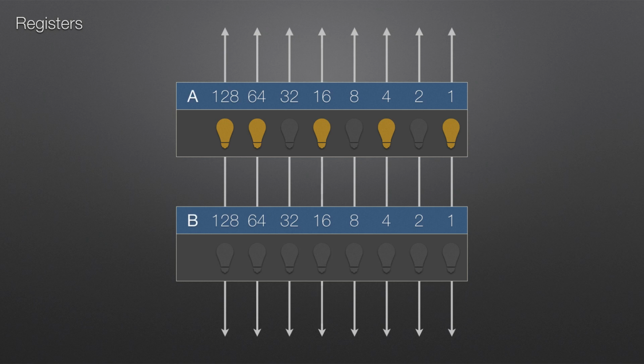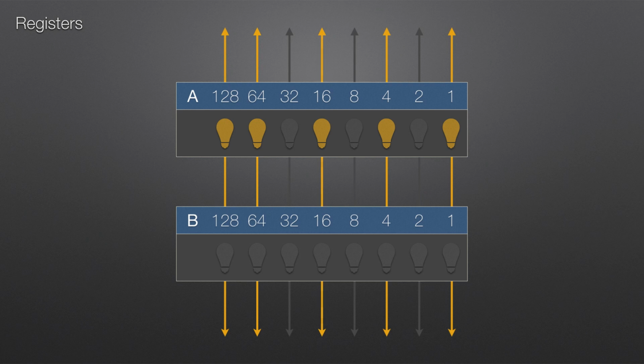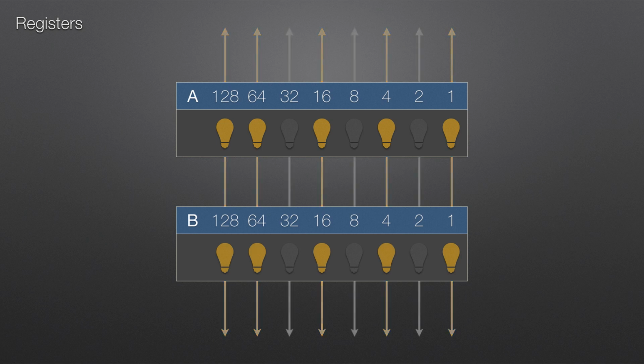This then means if we had two registers A and B, we could select the value that's in register A onto the bus, and then we could load the other register from that, like so. Once that's done, you can then deselect register A, and now you've effectively copied the value in register A into register B. And that's basically all registers are. They just hold a value in them for later use.